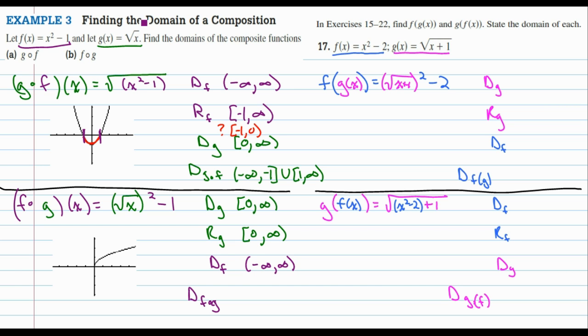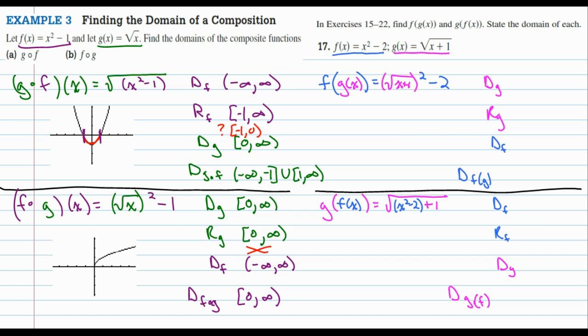So there are no conflicts between what's outputting from g and what's inputting for f. I can only plug in 0 to infinity, and all of those are okay with the domain of f. So there aren't any further restrictions to our initial 0 to infinity domain of the first function those values have to tackle, the g function. So the domain of f of g of x is 0 to infinity.